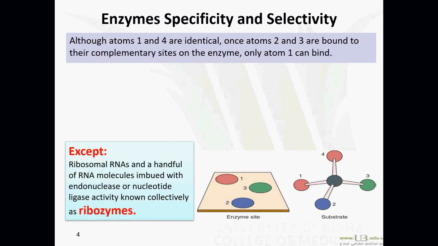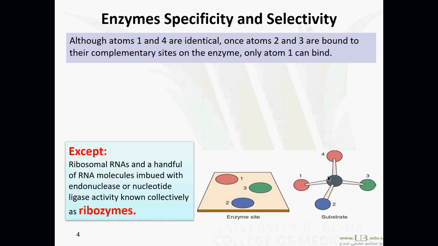For this example, this diagram, you can see my pointer. The enzyme has a plane, rectangular shape, and the substrate has this tetrahedral shape.